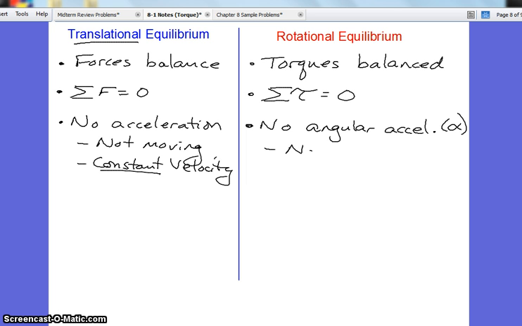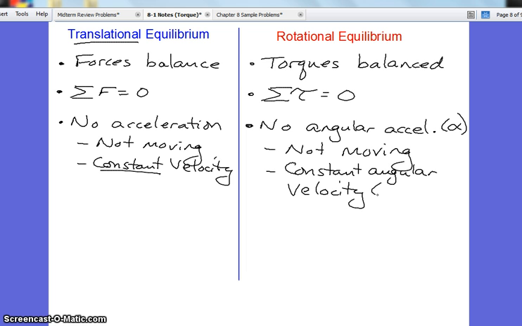So just like before, it is either not moving, or it is moving at a constant angular velocity, which is your omega. So again, it can be moving and still be in rotational equilibrium as long as it's moving at a constant angular velocity.